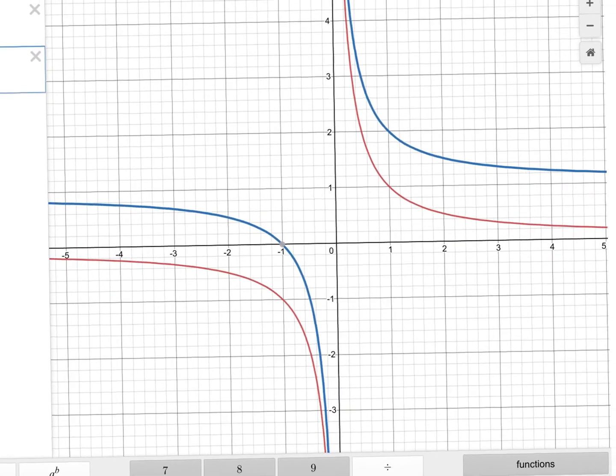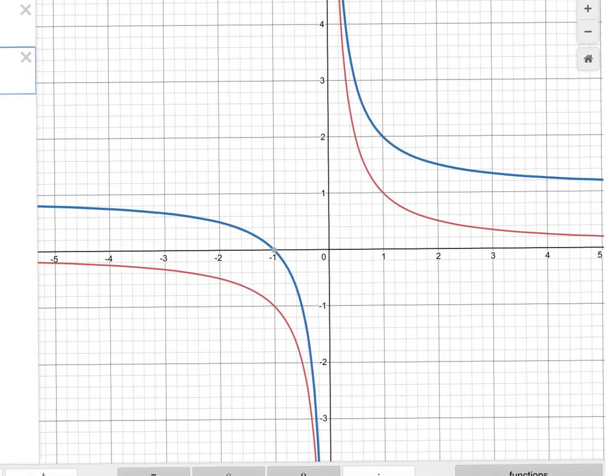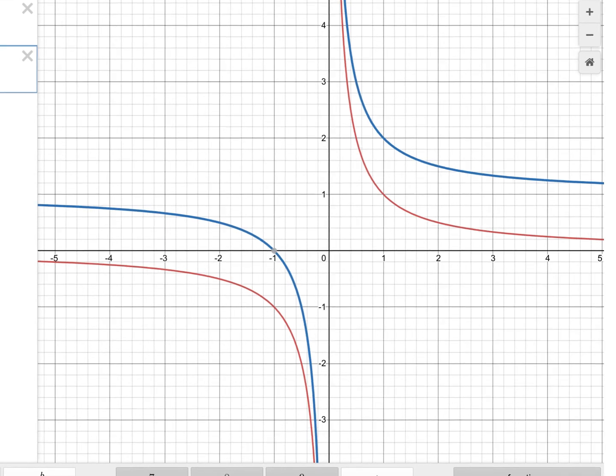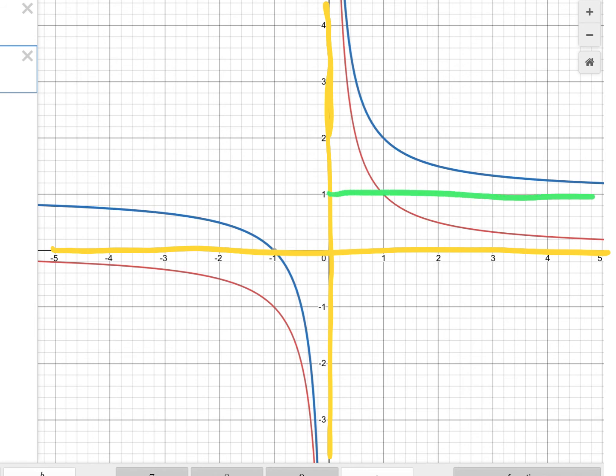So when you compare the red one to the blue one, well, the red one had the asymptotes right here, the x-axis, and right here, the y-axis. That's the red one. Now the blue one has a new asymptote, which is up here, but it's still the same y-axis asymptote.